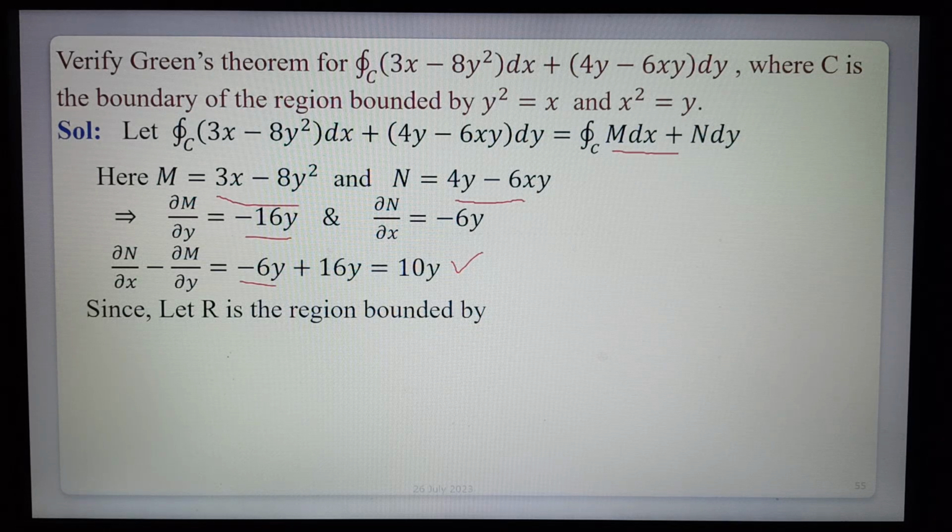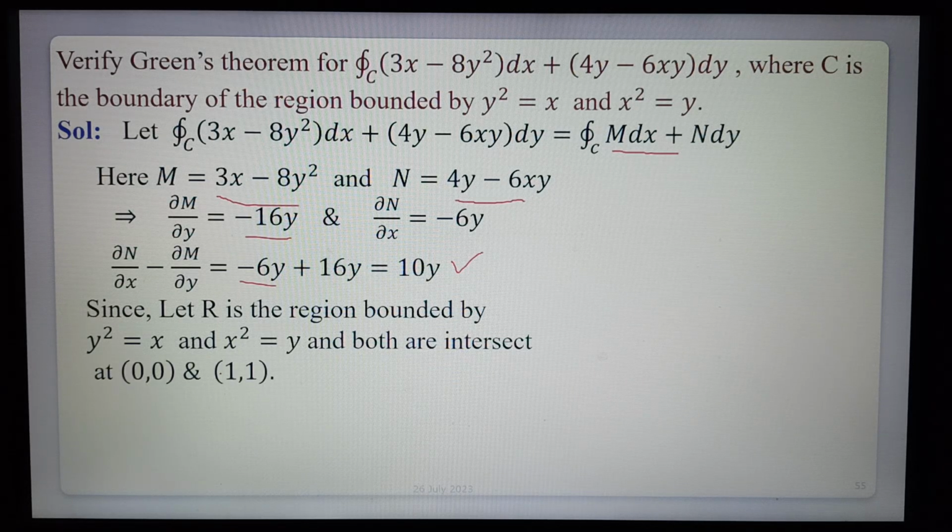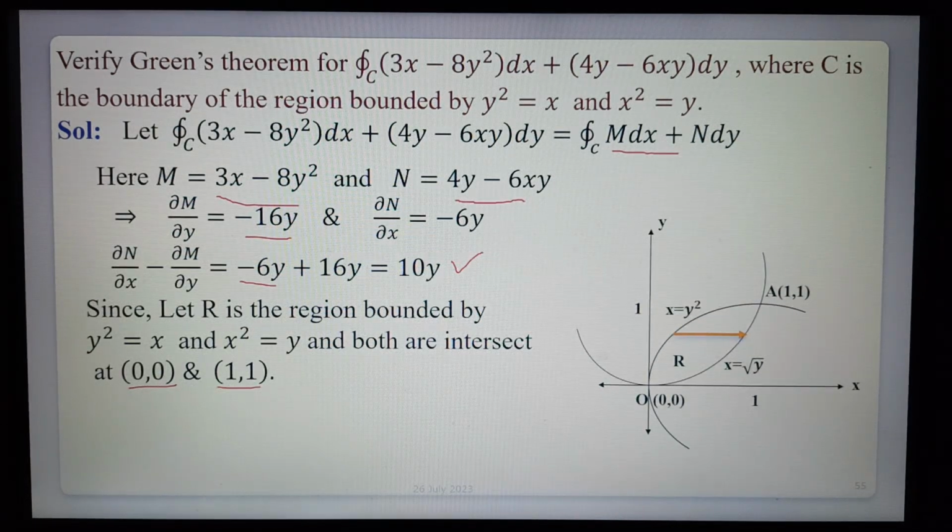So let R be the region bounded by two parabolas, y square is equal to x and x square is equal to y, and both intersect at 0, 0 and 1, 1. Both parabolas in the xy plane intersect at two points, 0, 0 and 1, 1. See the graph: the x-axis and the y-axis.